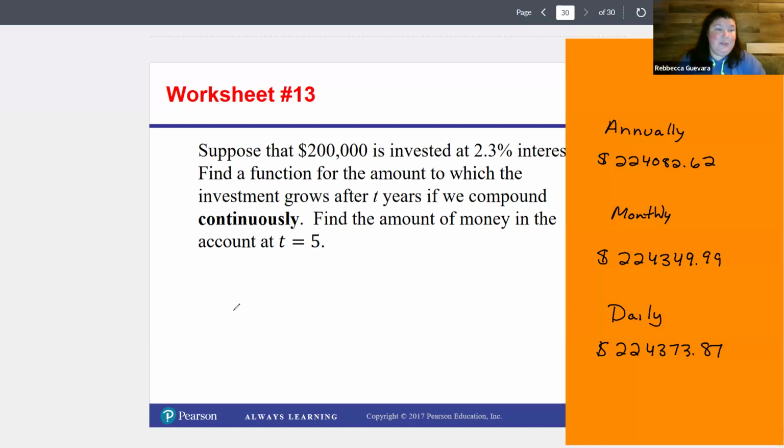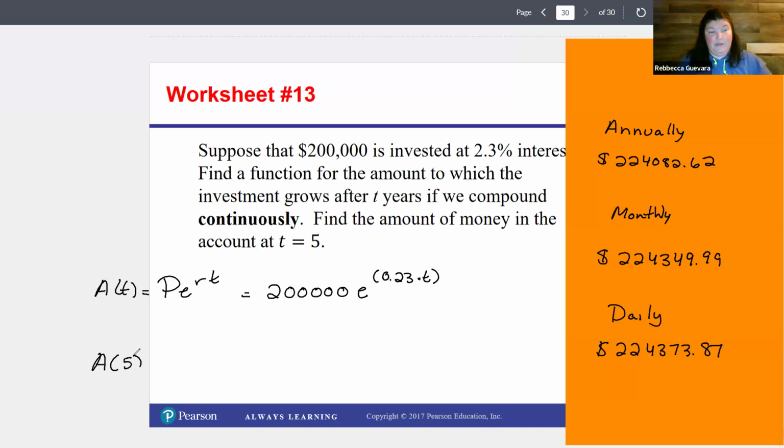So now we're compounding continuously. Our formula looks like this. We know that the principal amount, our P, is 200,000. Then we have e to the power of that interest rate of 0.23 times t. So that is my formula.